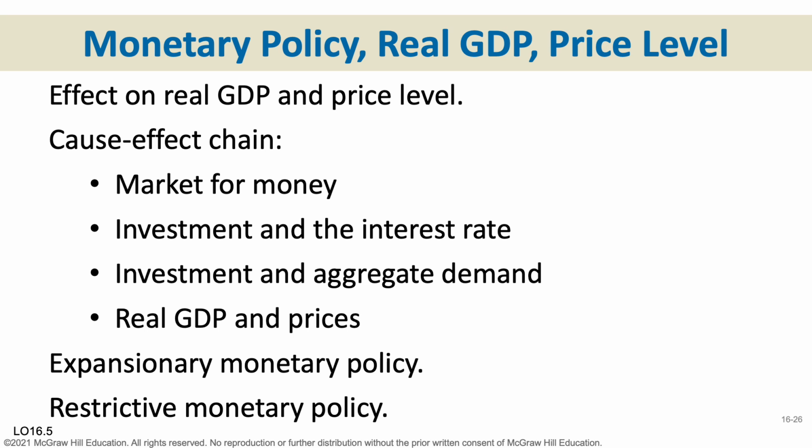If we decrease the money supply, then interest rates go up. And when interest rates go up, investment goes down. So that pulls the aggregate demand curve back to the left, towards full employment, which is always the goal. But that's going to decrease GDP, which is really not the intention. The intention is to decrease the price level.